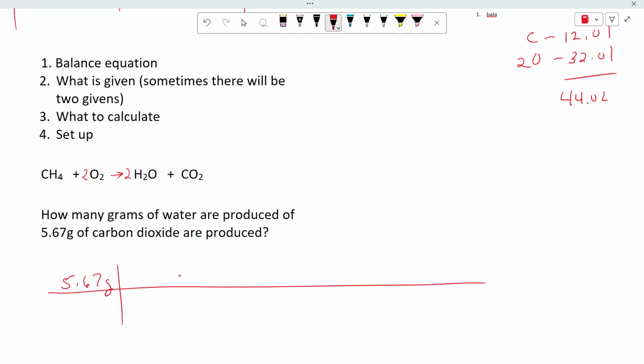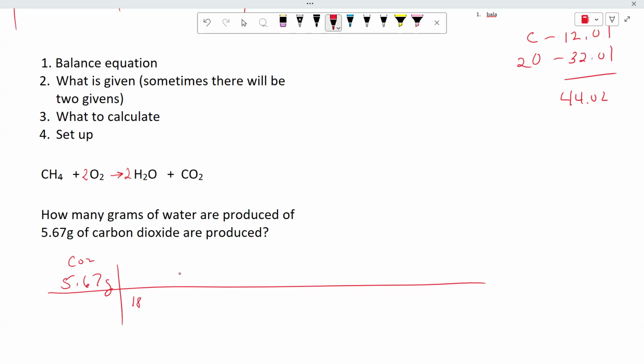Okay, so if in doubt, convert to moles. The first step always in stoichiometry is whatever you're starting with, no exceptions, convert to moles. Boom. So we're starting with grams of carbon dioxide, and I'm going to end with water. So we've got to convert grams of carbon dioxide to moles of carbon dioxide.